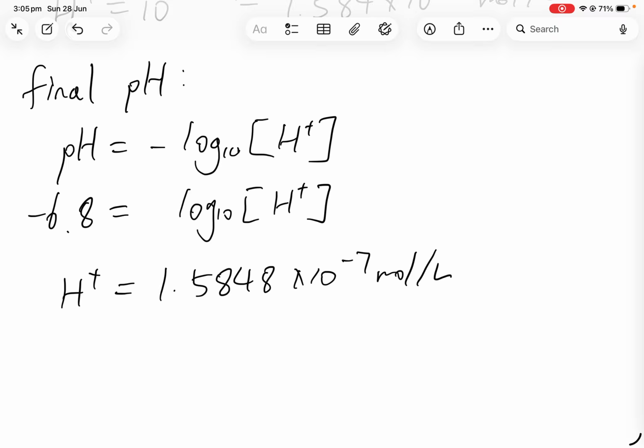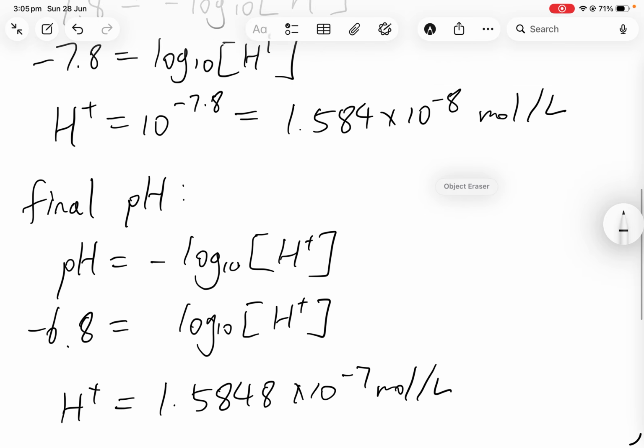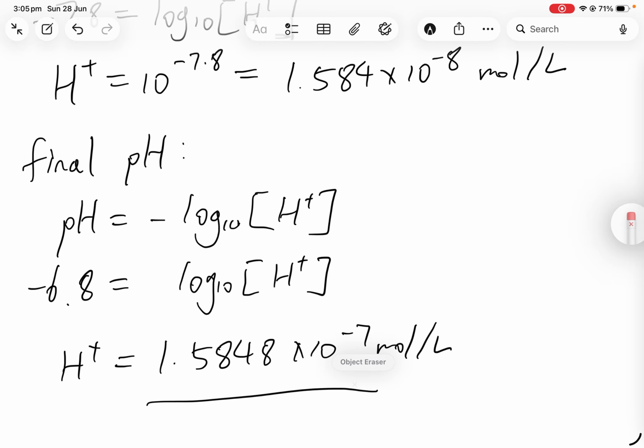And now that we have the concentration that we need to change by, we want to find out. So this is moles per liter. You can see that in the beginning, every liter there's that many moles of hydrogen, and at the end we have this much of hydrogen.